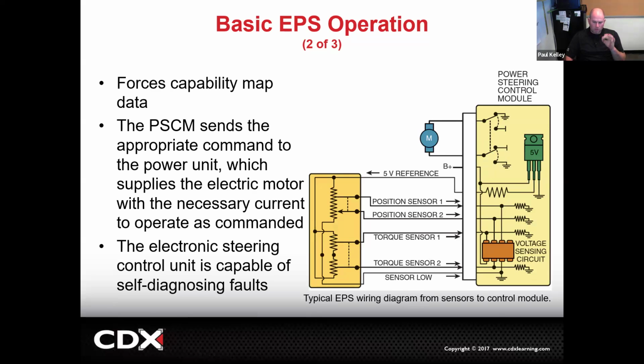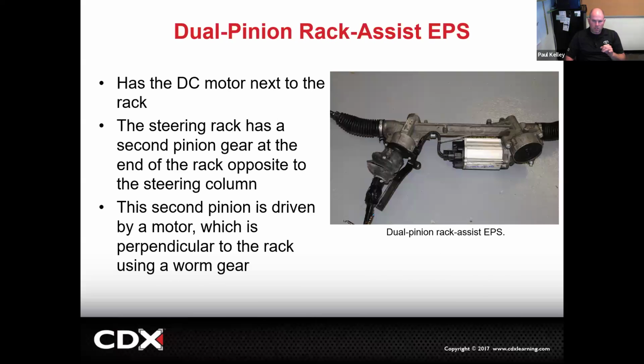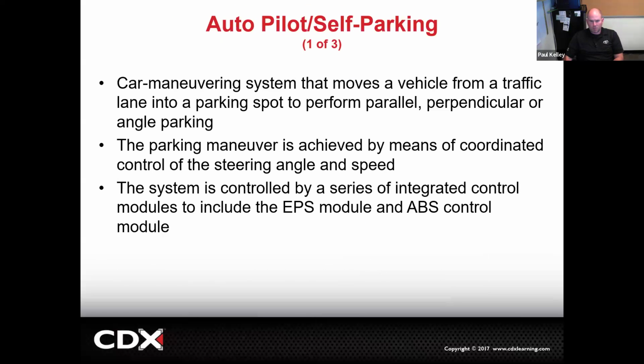Cool. So this is why a lot of this is the future. If you want the car to be able to drive itself, park itself, etc., electronic power steering lends very easily to that. And so it's going to use a lot of modules. The EPS is ultimately controlling the motor, but a bunch of other modules are communicating with the EPS.